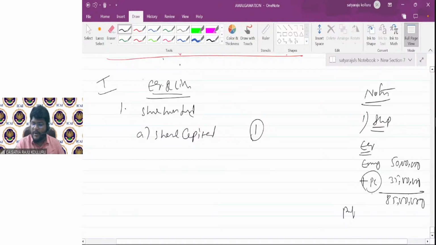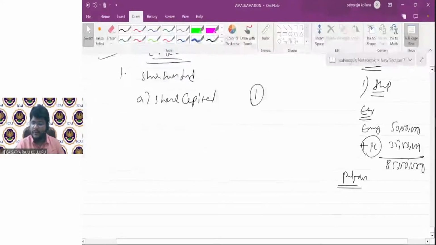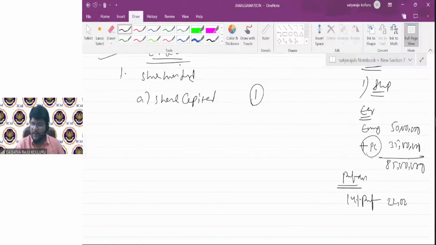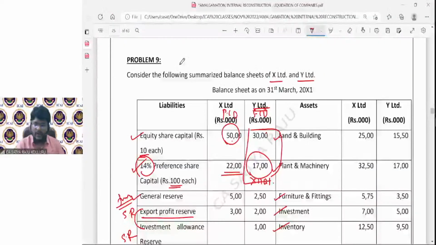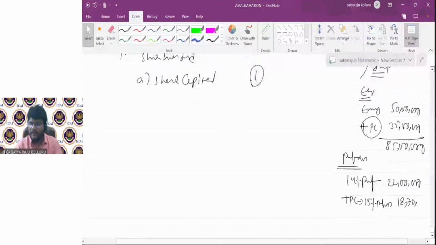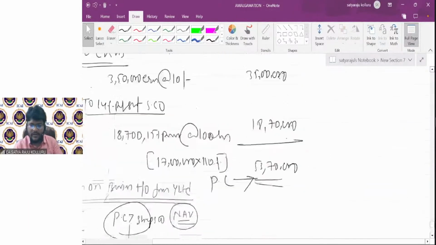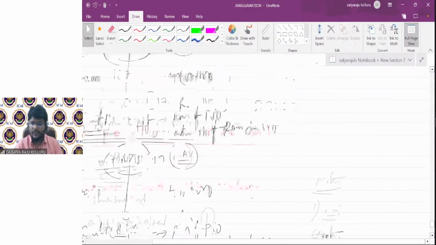Now in the form of preference shares, existing 14% preference share capital is 22 lakhs. Again, issued as purchase consideration, we are issuing 15% preference shares, which is 18,70,000. If you have any doubt, you can cross verify, guys, it is given here itself.